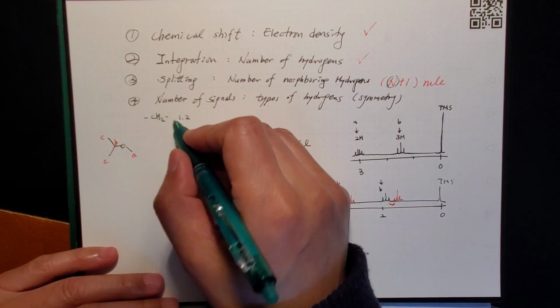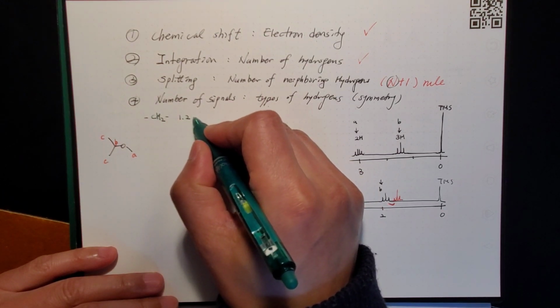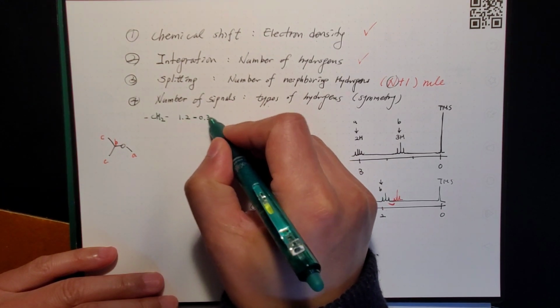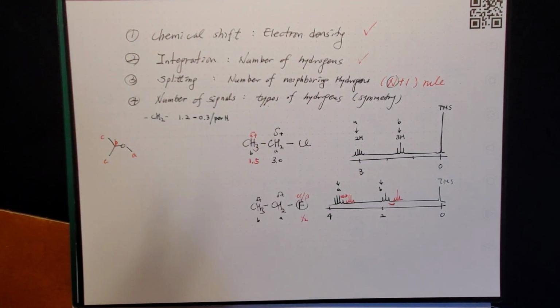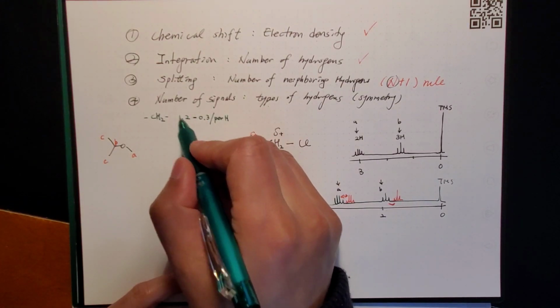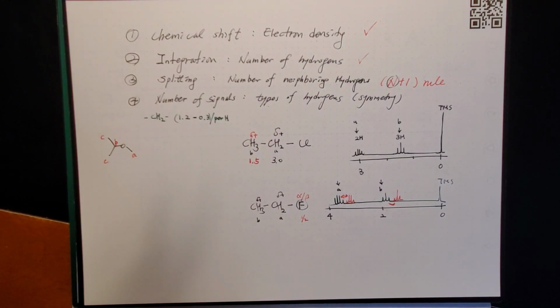Then whenever you add more hydrogen here, you deduct about 0.3 for adding hydrogen. So deduct 0.3. Why do you deduct it?